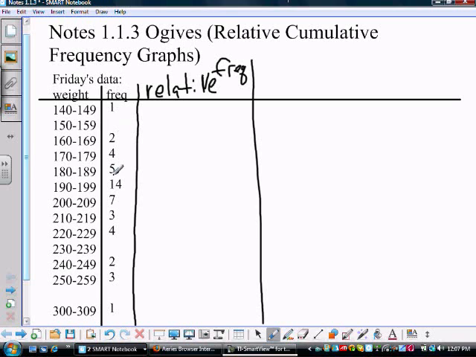So 1 out of how many of these weights? How many do we have here? How big did the team end up being? Well, we have 46 people in here. It was supposed to be 82, I thought. No, that was just the highest number on the jersey.